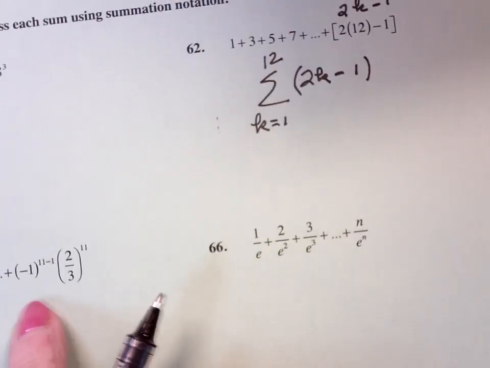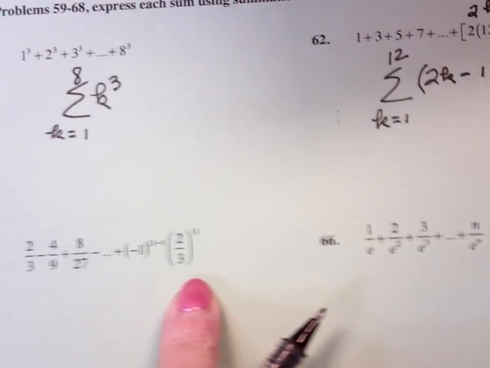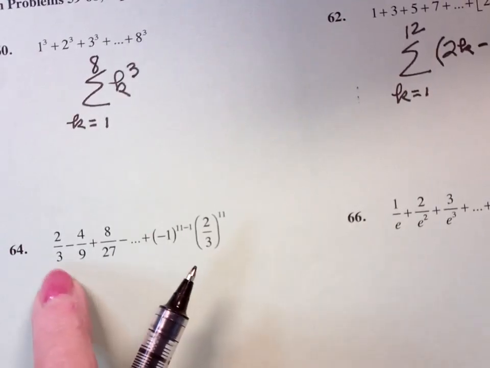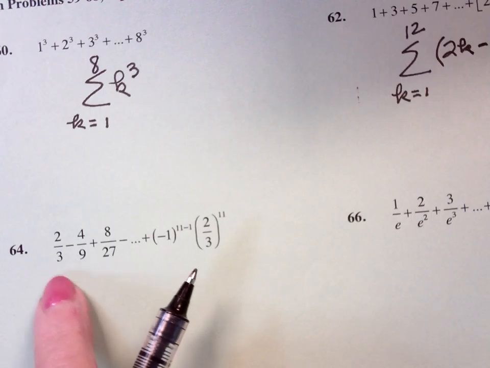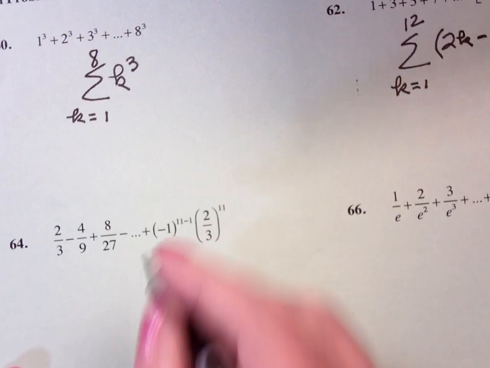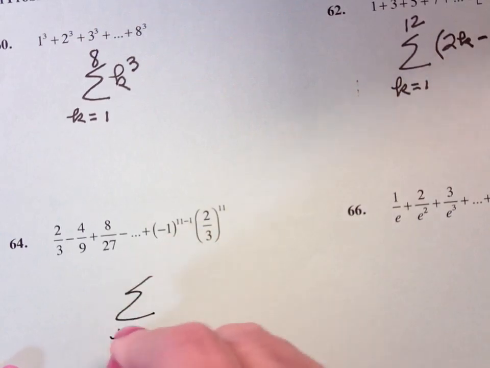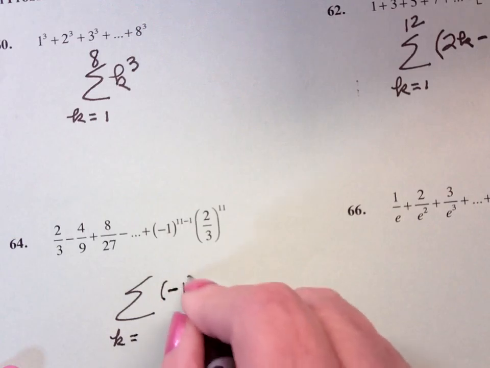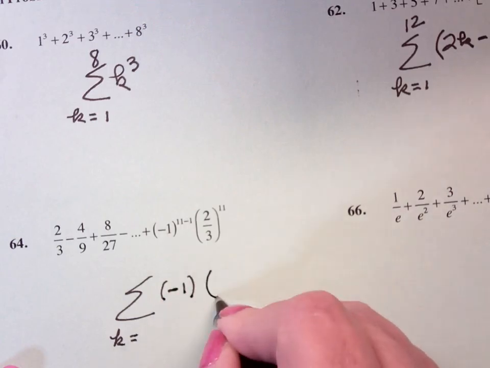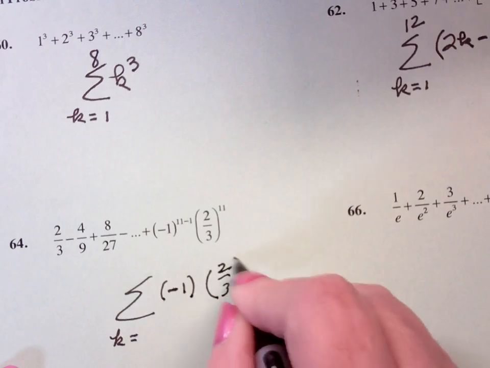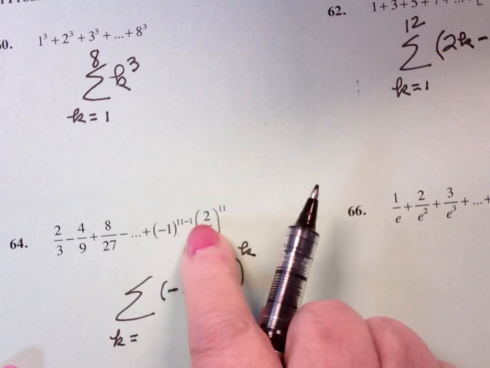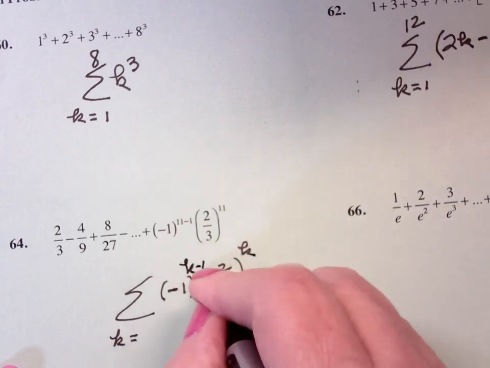Now again, I go to this right here to give me my formula. And I've got to match this up to tell me where k starts. So it's the sum from k equal, and I don't know what k starts at, but the formula is negative 1 times 2/3. Now to the 11, we'll say that's to the k, and the 11 minus 1 is k minus 1.